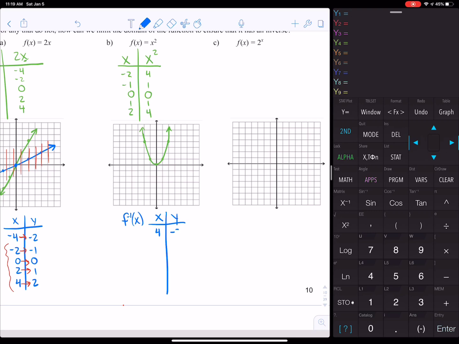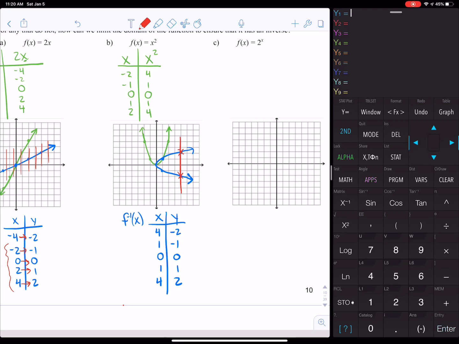So 4, -2, 1, -1, 0, 0, 1, 1, and 4, 2, and plot those points. We end up with a parabola that opens up to the right. They've asked us, how can we tell if it's a function? Well, this one is not a function because it does not pass the vertical line test, because it touches twice.